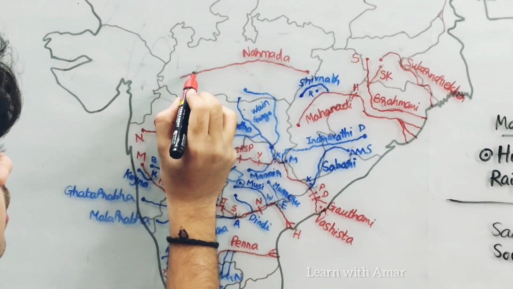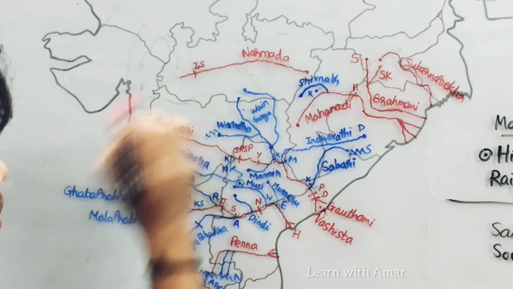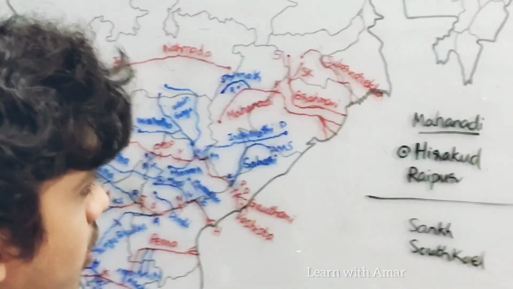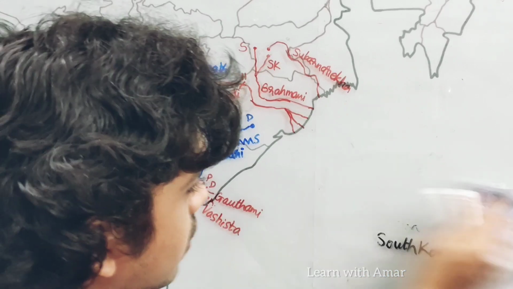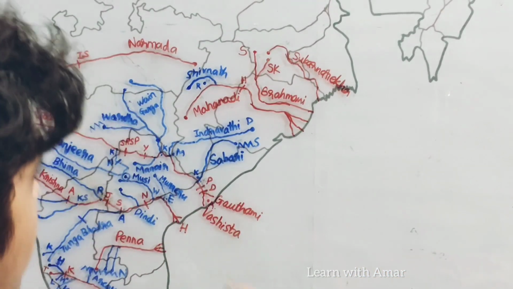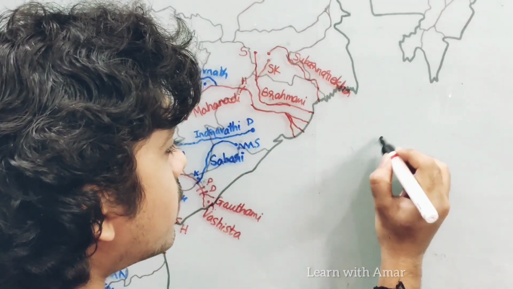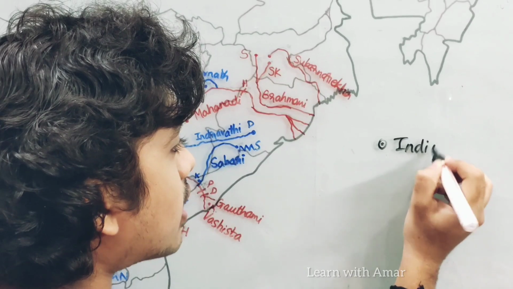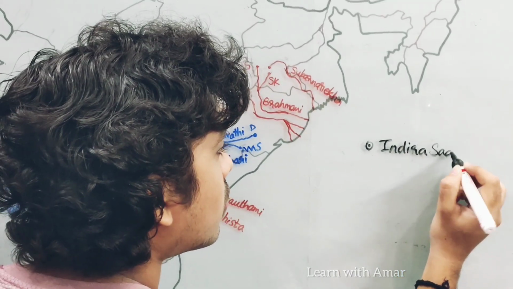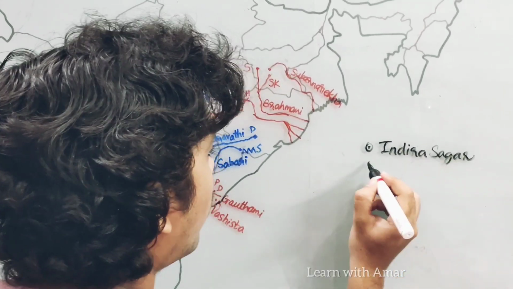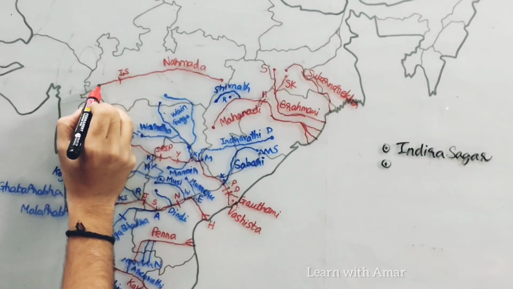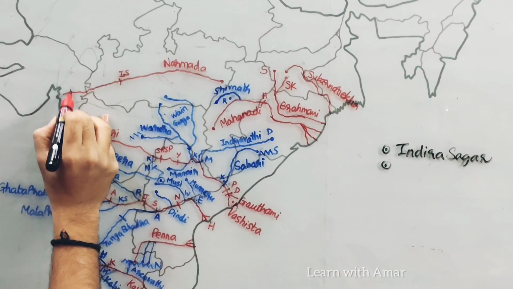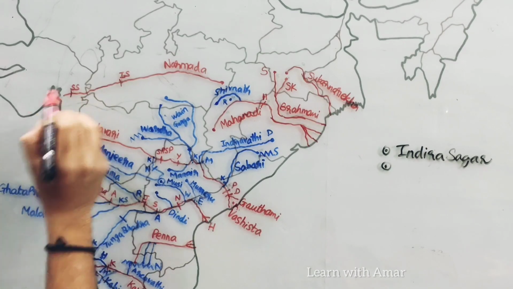We find the dam Indira Sagar here. So the dam Indira Sagar, and we also find the dam Sardar Sarovar on Narmada in Gujarat.